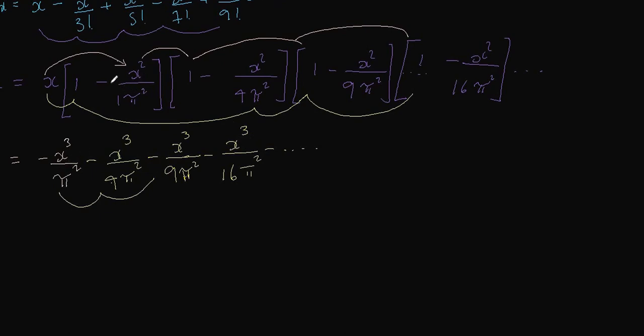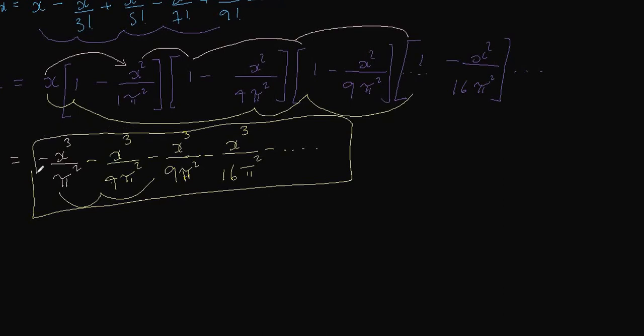Now because this product is equal to this series, if we compare coefficients on the x cubed terms, it must be that this entire thing here is equal to this term here. Why? Because we're comparing the coefficients. These two series are exactly the same, so all the coefficients for each power are going to be the same.